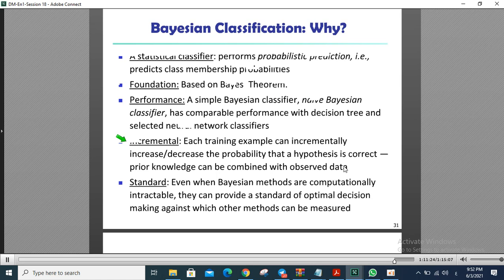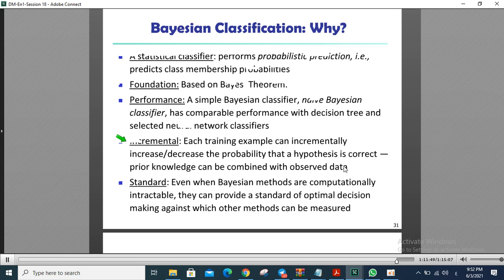Maybe one of the greatest advantages of the Bayesian classifier is that this classifier is an incremental classifier.